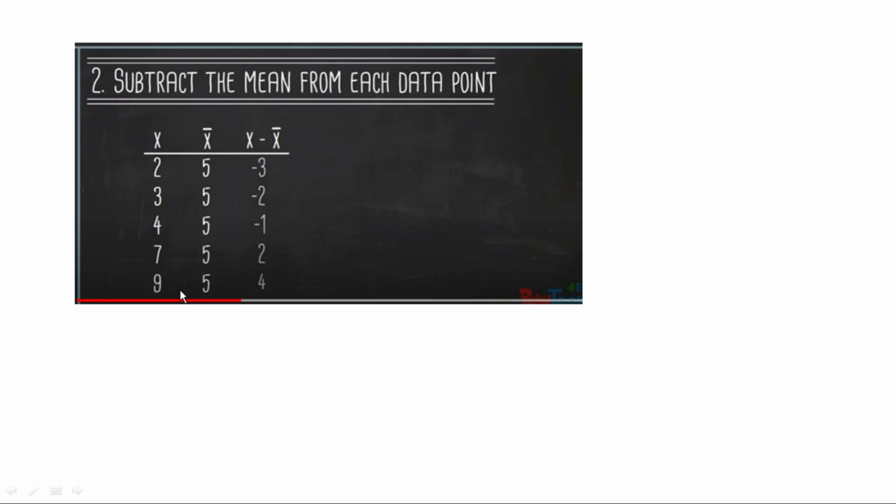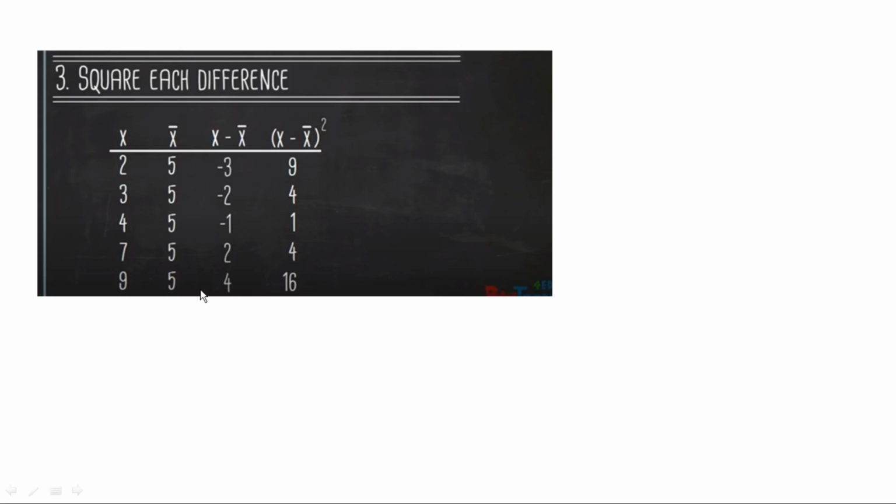So the next step is to get the square of each difference: -3 gets converted into 9, -2 becomes 4, -1 becomes 1, 2 becomes 4, and 4 becomes the maximum, 16. In this way the third step is getting the squared differences.